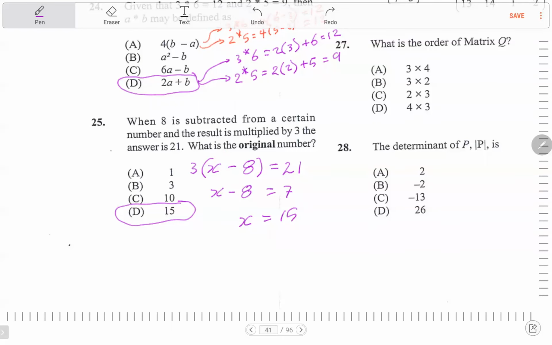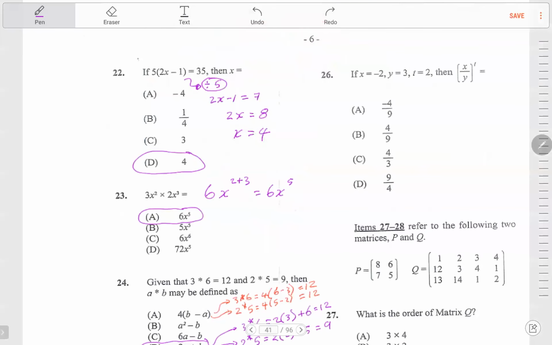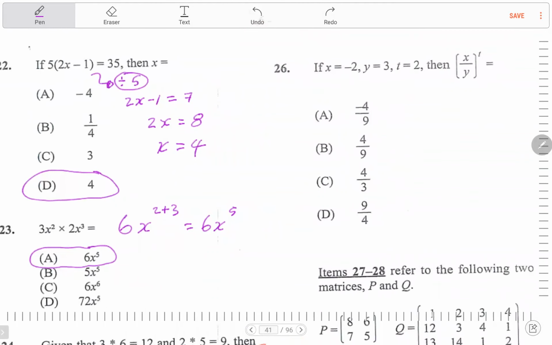All right, next question. This question gives us these values and asks us to evaluate this. So let's put in the values. The x is negative 2, over the y which is 3, and then the power is a square.